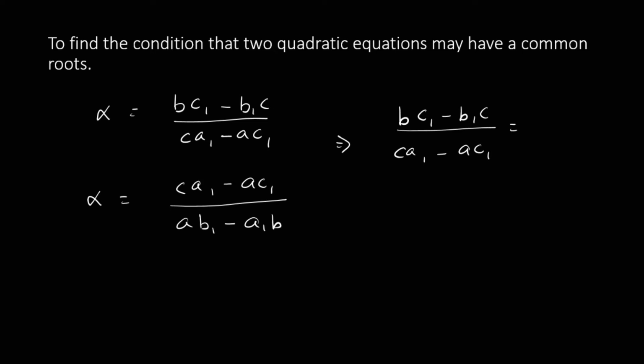So this is equal to CA1 minus AC1 divided by AB1 minus A1B.